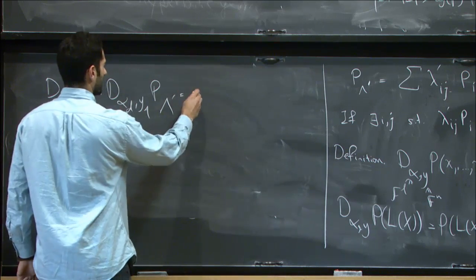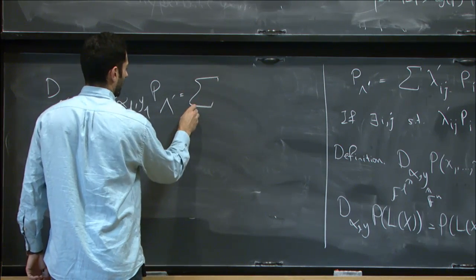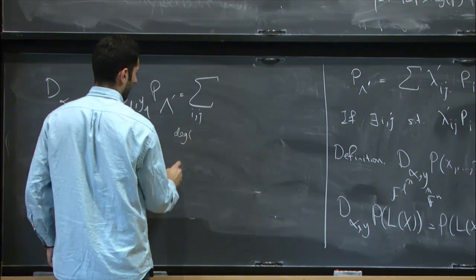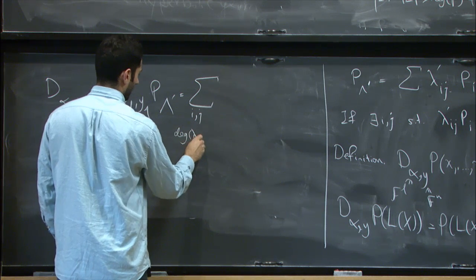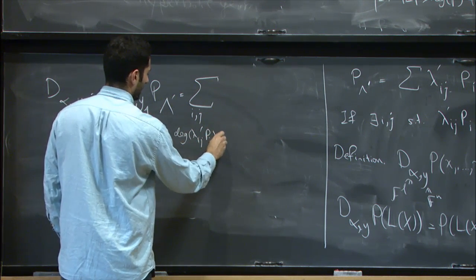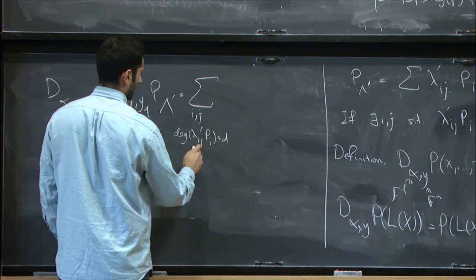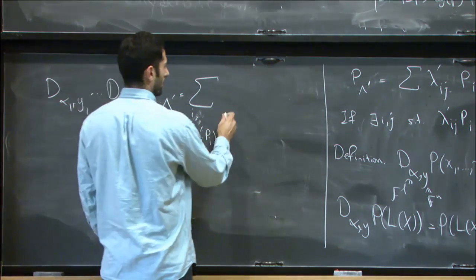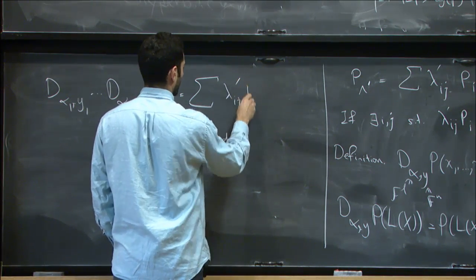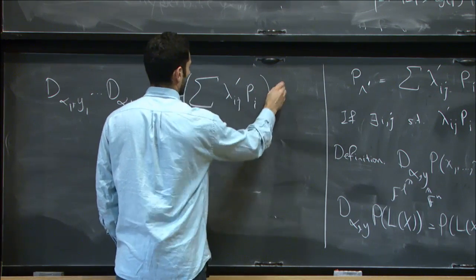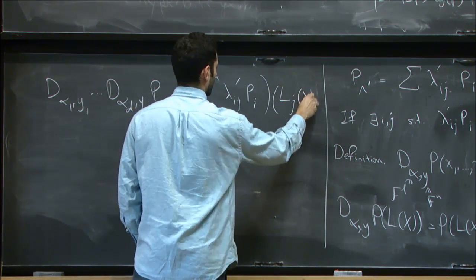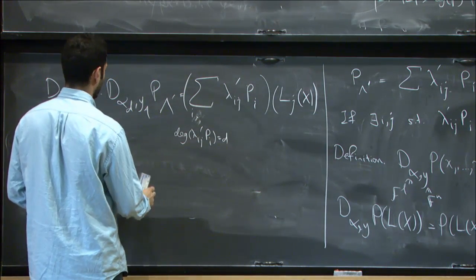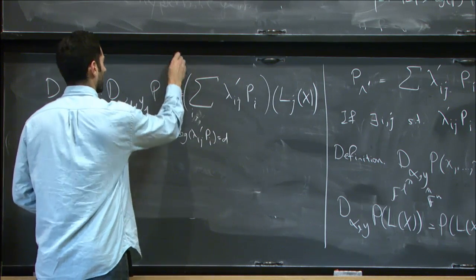So what survives is only ij such that the degree of lambda_ij prime pi is equal to d. This is only i. So we know that no other j will survive. So this is going to be lambda_ij prime pi, the whole thing applied to L_j of x. Oh, so there is a derivative being taken. Sorry. Okay.